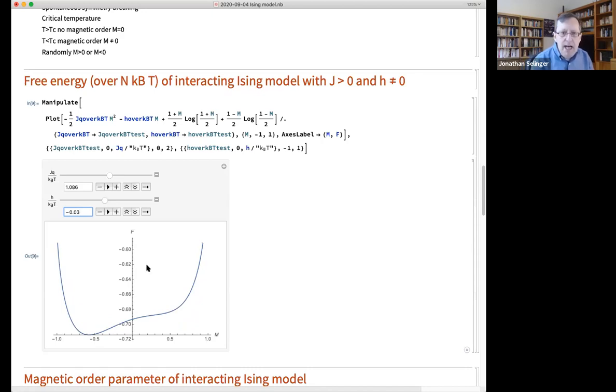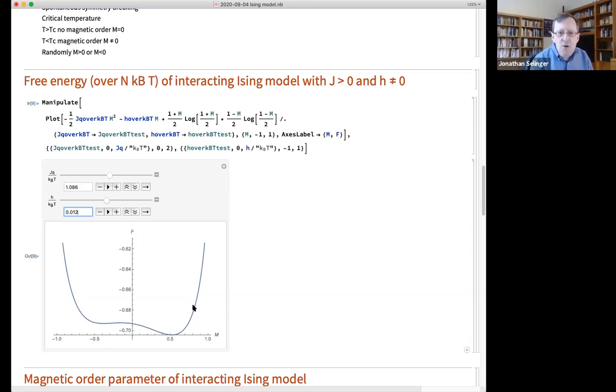And we can track which one is the lowest of these two. So at any value of the magnetic field and the temperature, we can say, oh, the minimum is over here, and then gradually increase the field and say, oh, no, the minimum just jumped, now it's over here.